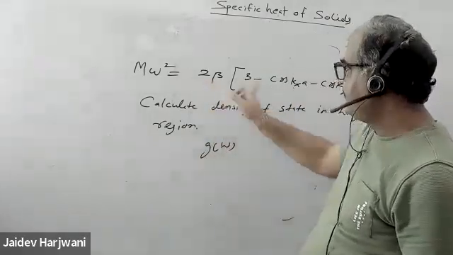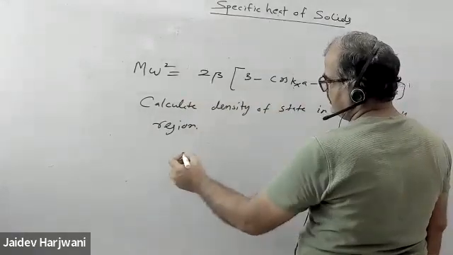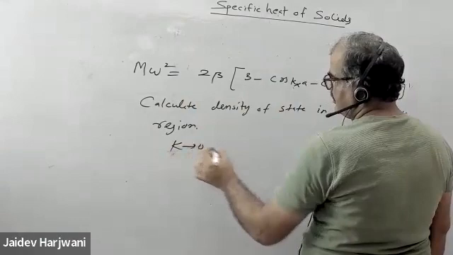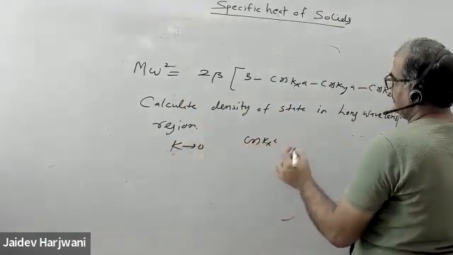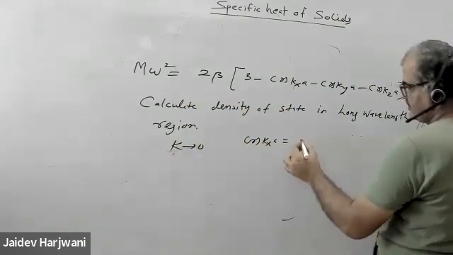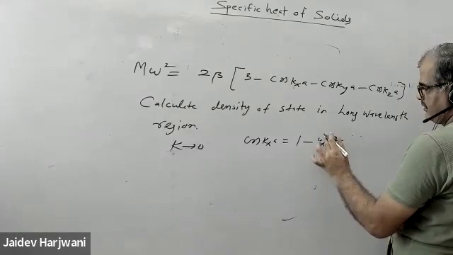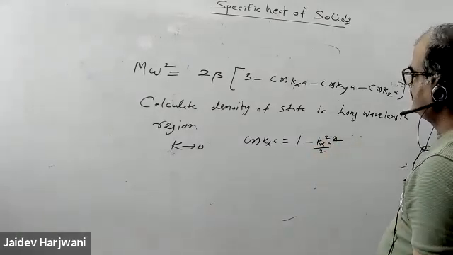So for that they have given this relation. In the long wavelength region you can expand this one. Long wavelength means when k tends to 0, you can write cos kxa equals to what? 1 minus kx square a square by 2. Okay, so you can solve it.